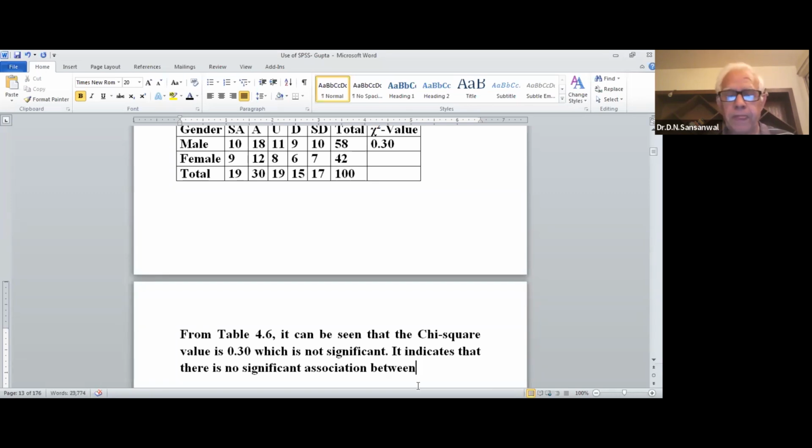between gender and reaction towards online teaching of students.